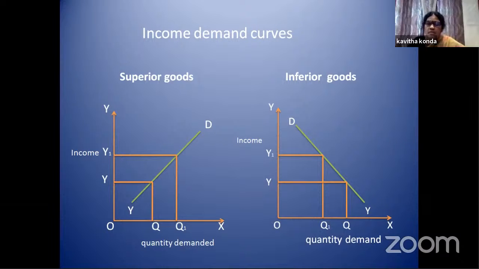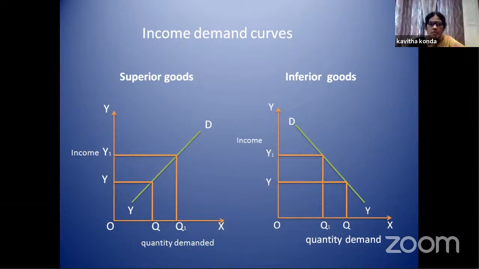When their income increases, people always prefer superior goods only. That's why the demand for inferior goods is less when income increases. So it is a negative relationship: when income increases, demand for inferior goods decreases.